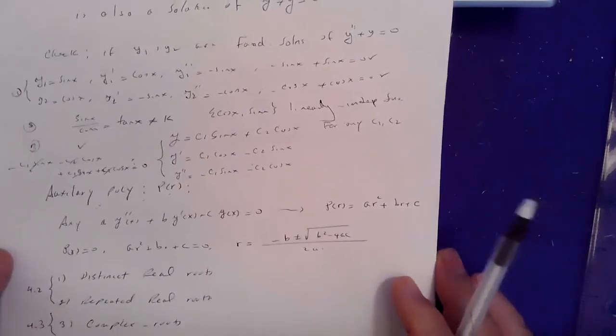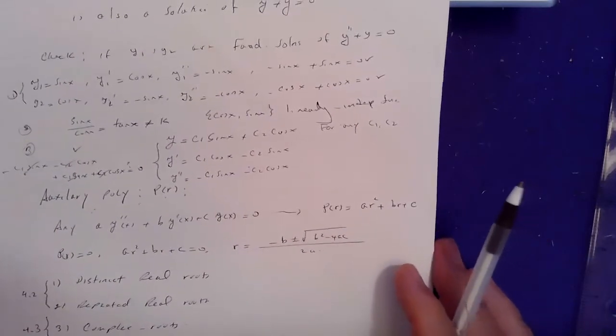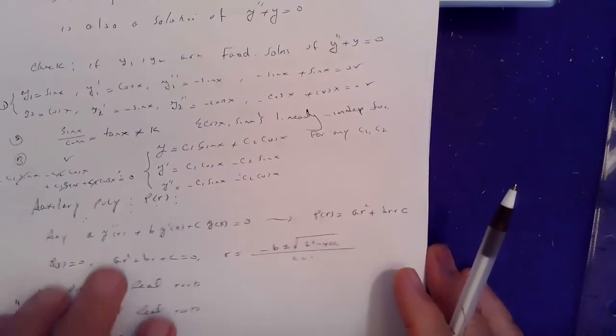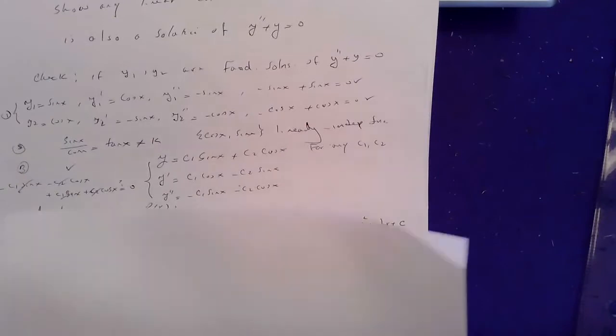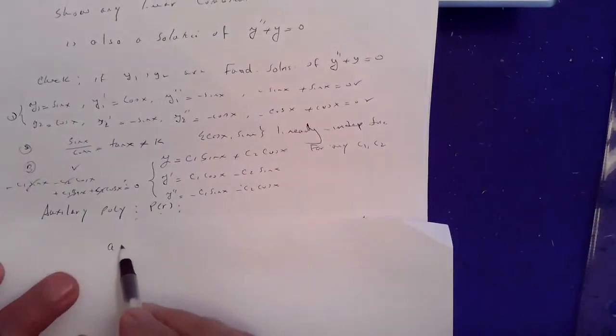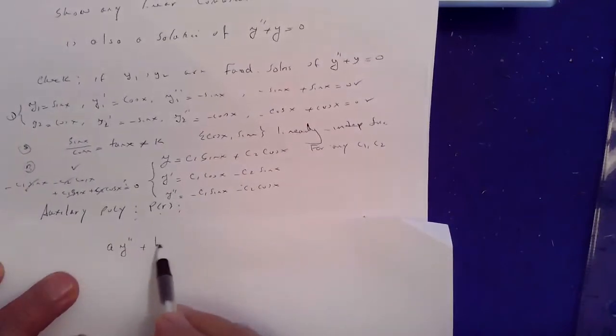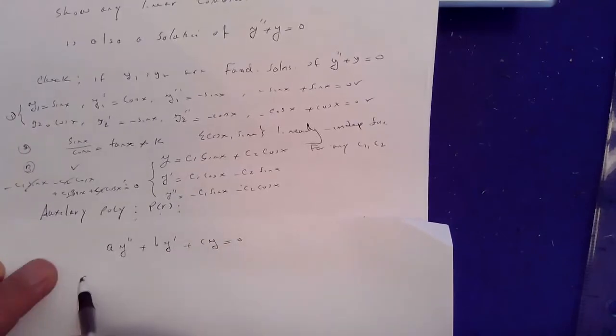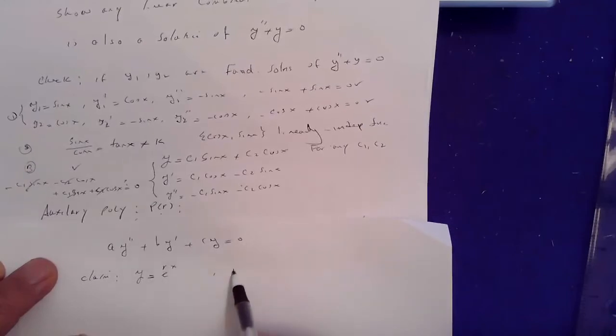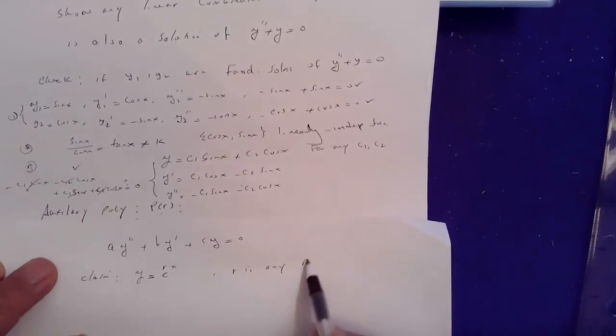The idea is this. Let's say you have a y double prime plus b y prime plus c y equal to 0. The claim is that the solution for this kind of equation looks like e to the power of rx, where r is any real number.